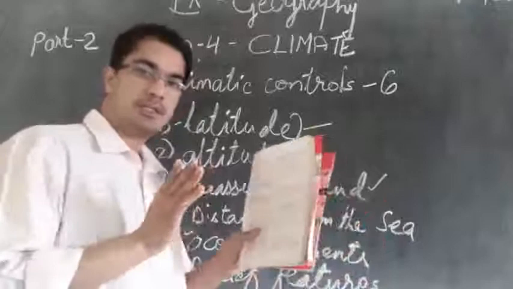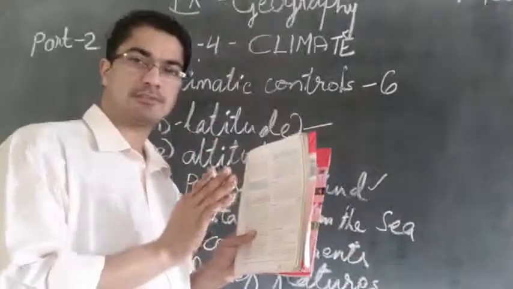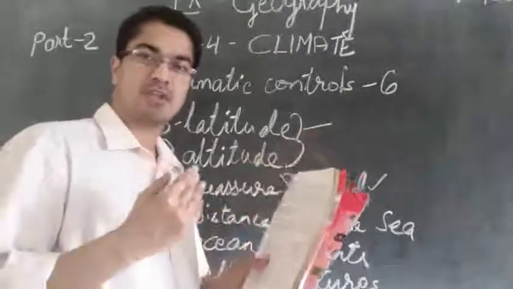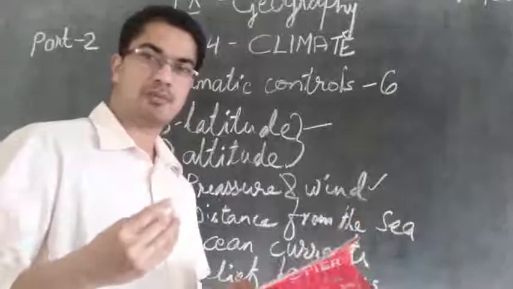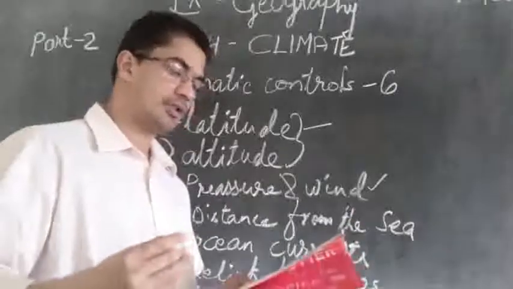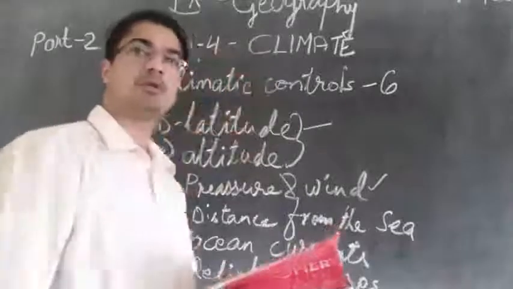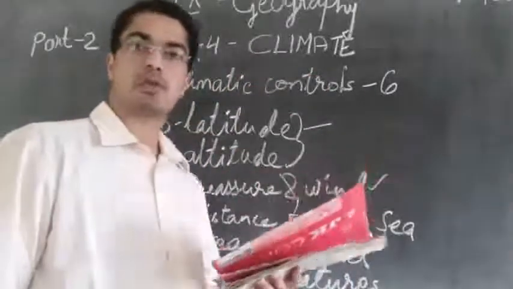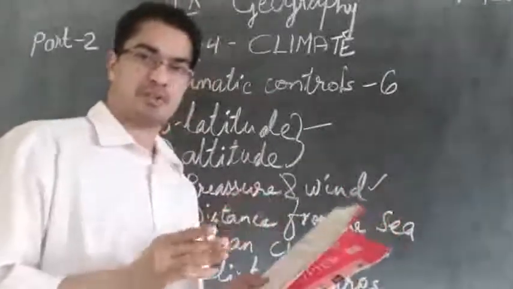The area lying between the equator and the Tropic of Cancer experiences very high, equatorial temperature, and the northern part of the Tropic of Cancer experiences a different temperature.